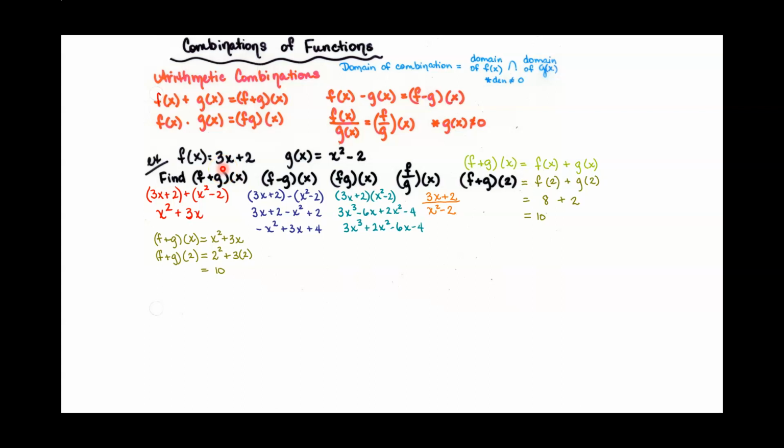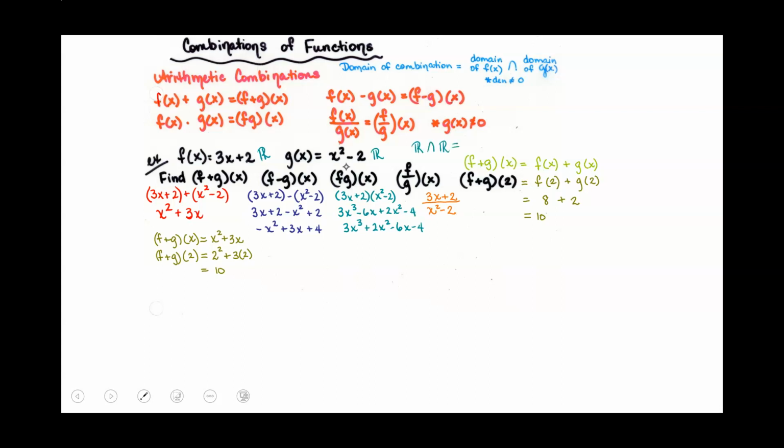Your domain is going to be all real numbers unless one of two things happens. You get 0 in the denominator, or you have a negative under a square root or a fourth root, an even indexed radical. I don't even have a denominator or a radical here, so that means that my domain is all real numbers. Similarly with x squared minus 2, no fraction, no radical, my domain is all real numbers.